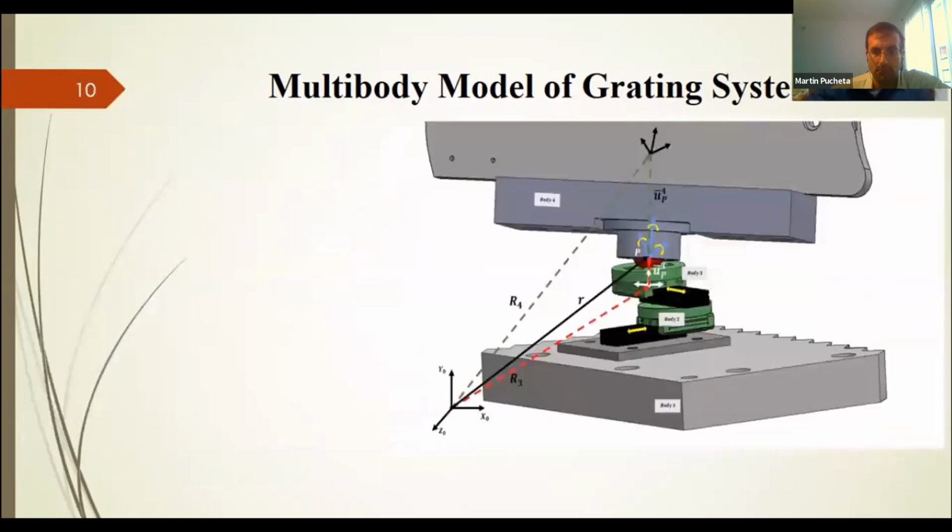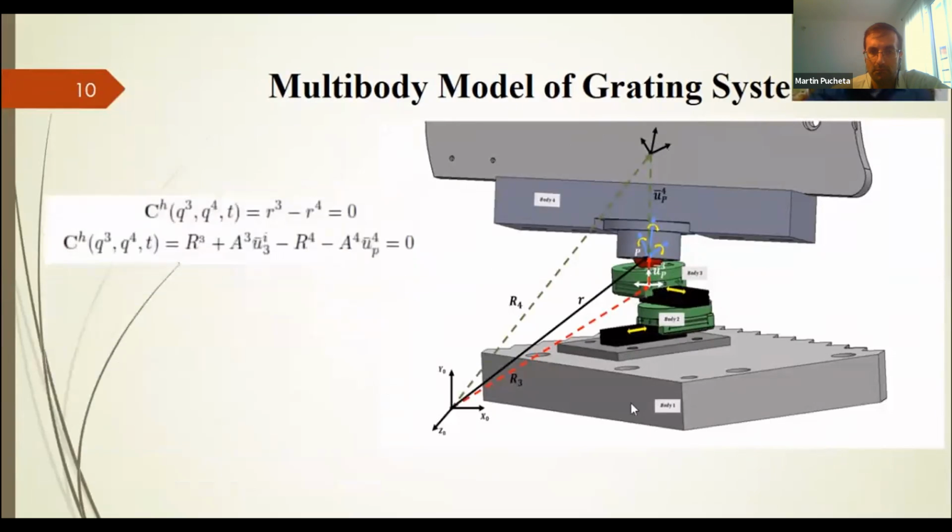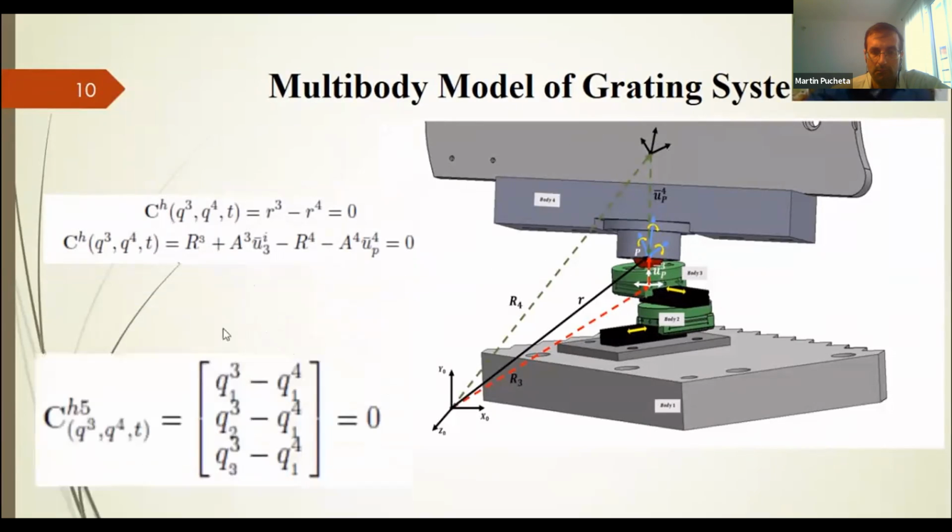Also, the constraint equation of the spherical joint can be obtained similarly by defining this point B. It can be defined with respect to body 3 and with respect to body 4. And as we mentioned before, we can define the constraint equation for the spherical joint.